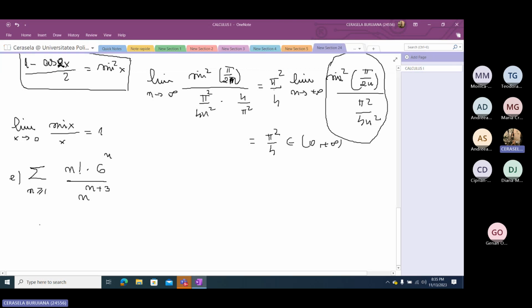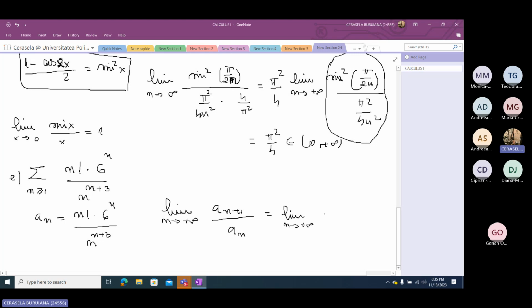If I denote by a_n the general term of the series, then by using the ratio test, I take the limit when n goes to infinity of a_(n+1) over a_n. I will perform the computations, of course. That will be the limit when n goes to infinity.